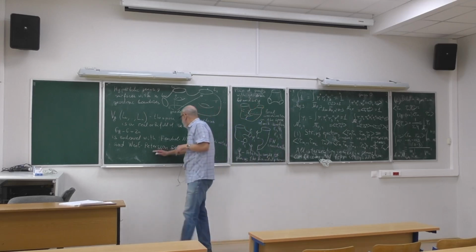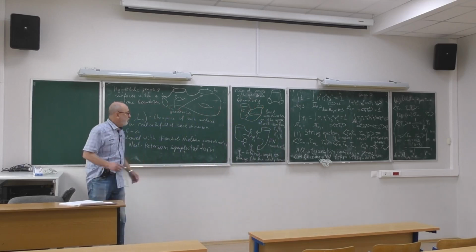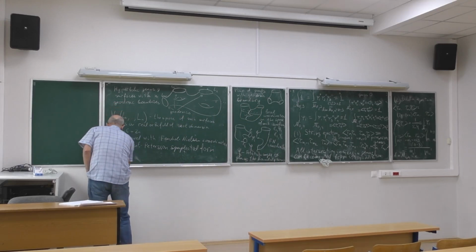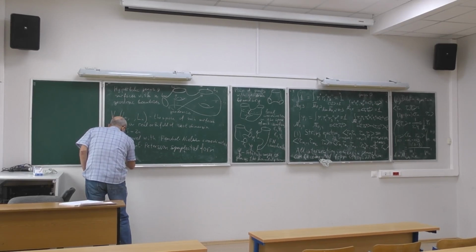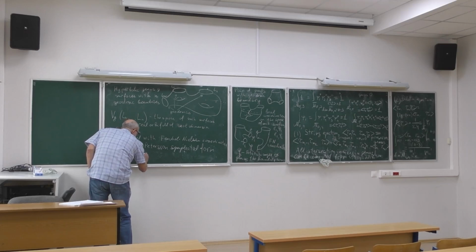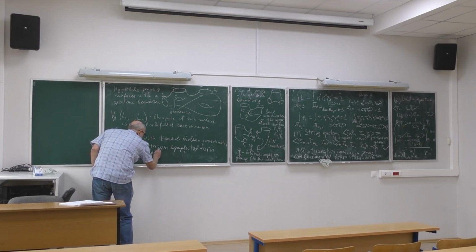And the Weil-Petersson symplectic form is the sum of dLi wedge dphi_i over Li.